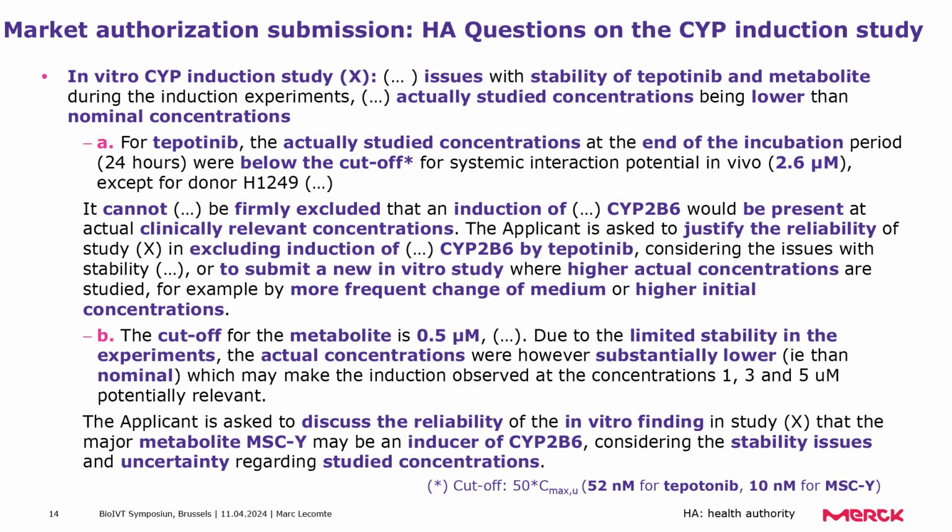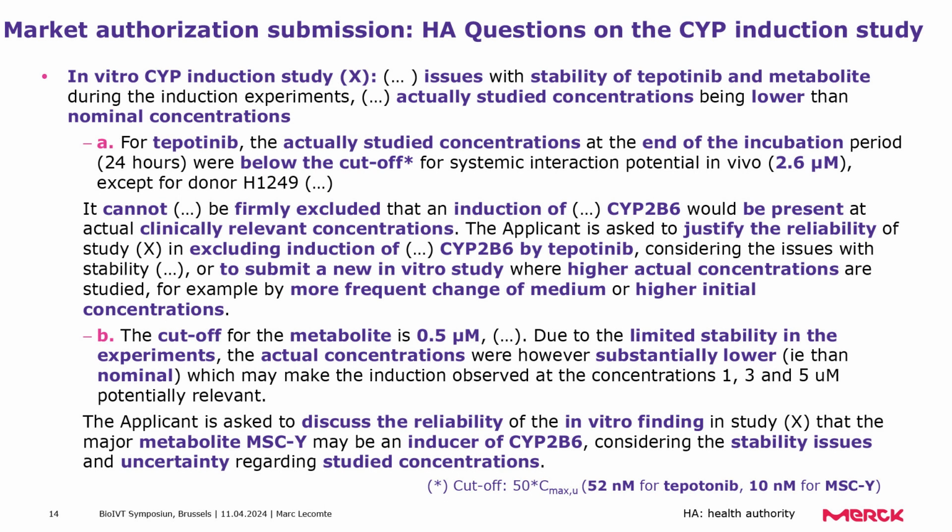So we submitted the dossier, the marketing authorization submission, and the health authorities' questions came back. Here you have a summary of what we got about this SIP induction study. The health authority was saying there were issues with stability of tepotinib and the metabolite during the induction experiment.